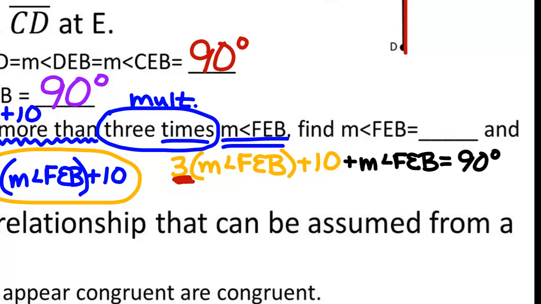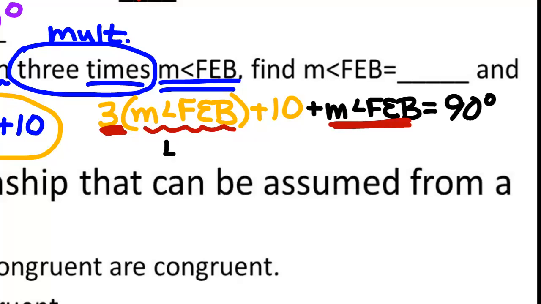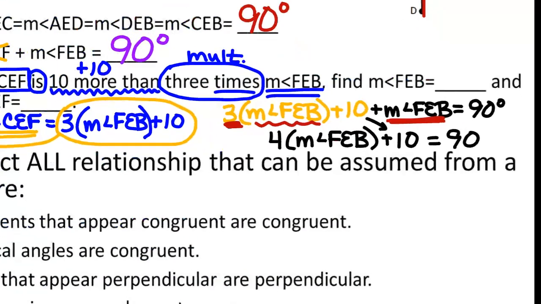If I have 3 of these, and then I have another one over here, how many do I have of those all together? 4. So I have 4 times the measure of angle FEB plus 10, that comes down, equals 90.